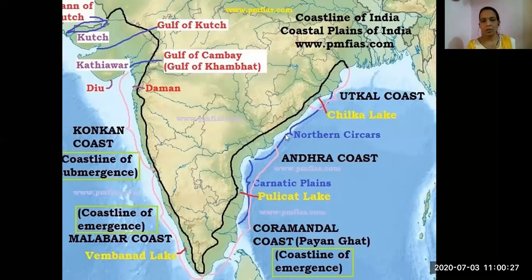This is the eastern coastal plain, which is lying between the Eastern Ghats and the Bay of Bengal. The marking of this region is the Eastern Ghats toward the west, and toward the east, the Bay of Bengal.